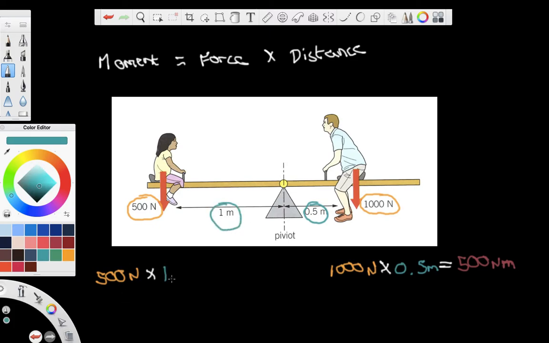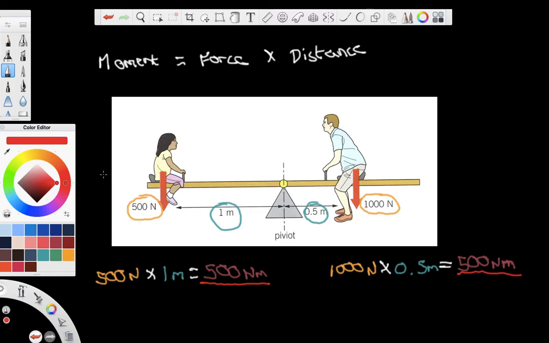So 500 times 1 gives us a moment of 500 Newton meters. In this case, the seesaw would be balanced because the moments created on both sides around this pivot are the same. Okay?